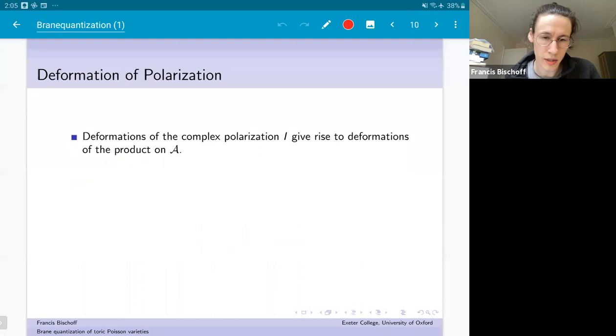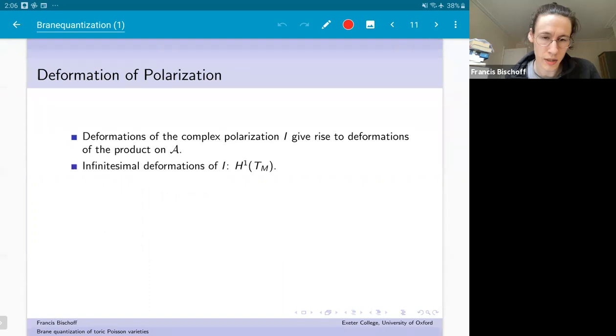If we believe that we have an independence of polarization, then if we deform the polarization, the underlying vector space will remain unchanged. But the product on the algebra will get deformed.